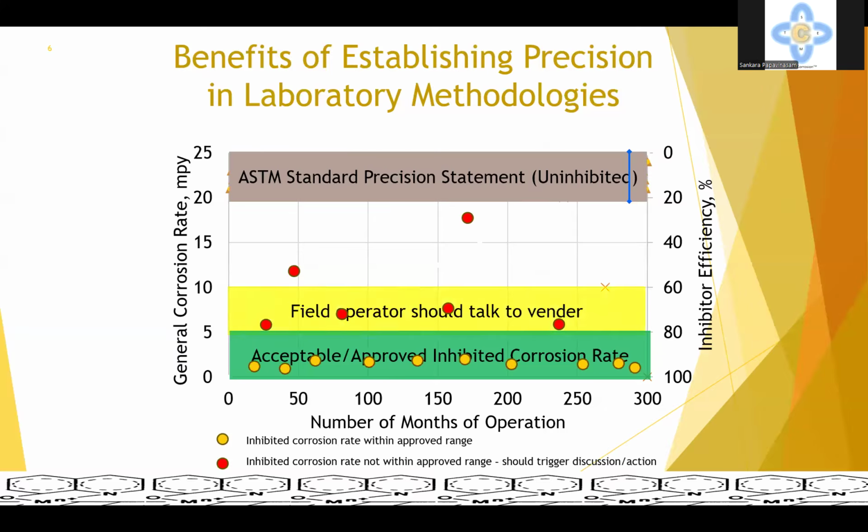If it goes to a higher range, then perhaps the field operator should talk to the vendor: hey, we are getting some variations, what is going on? We need not bother about small variations, but if the variations are too much beyond the boundary of the precision statement, then that will trigger an action.